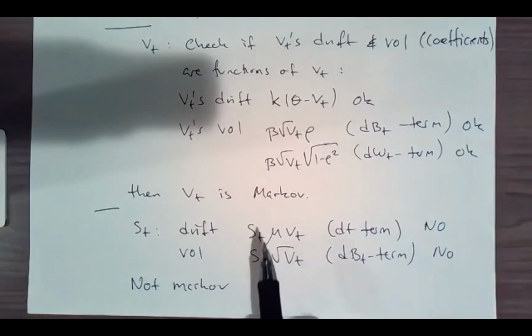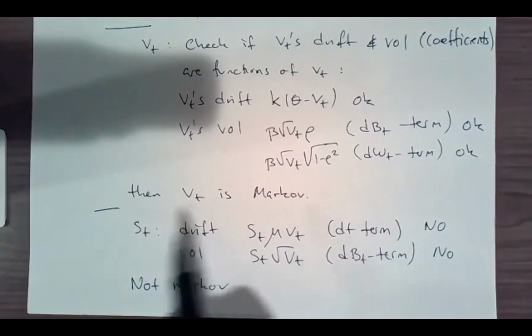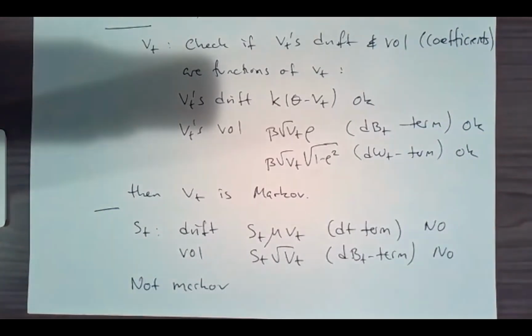You look at the volatility and the drift. Are these objects just functions of that process itself, or do you need more information? Here it's insufficient just to have S, because you also need to know what V is to determine the drift and the volatility.